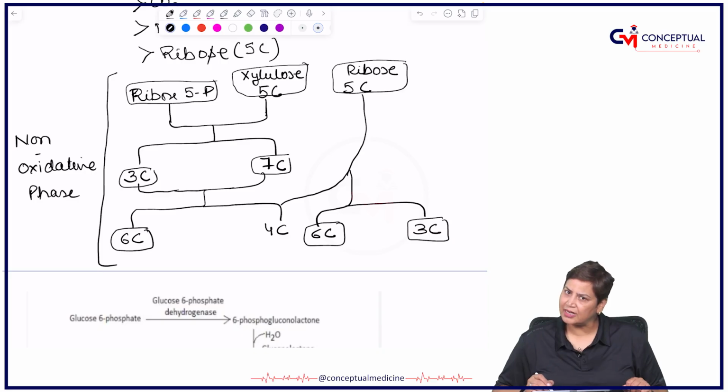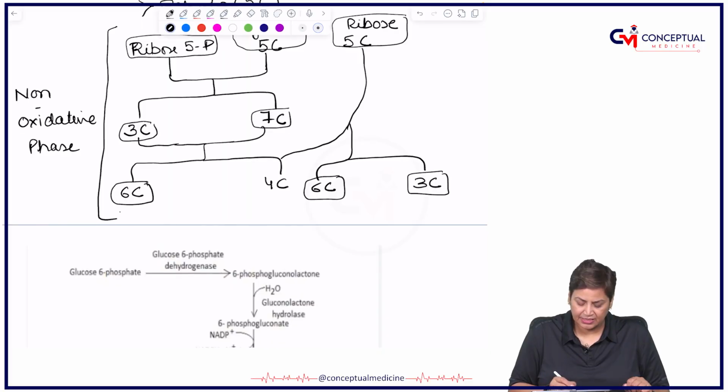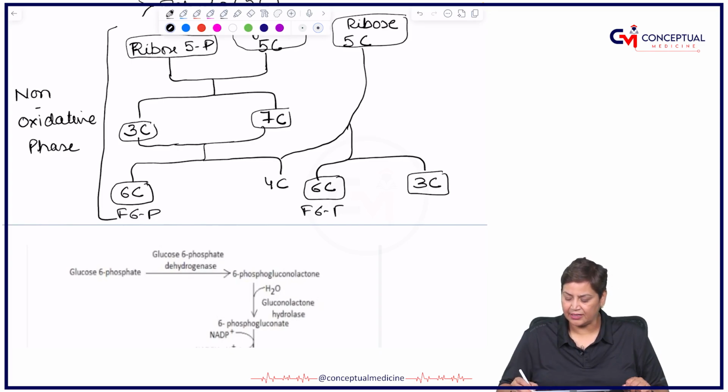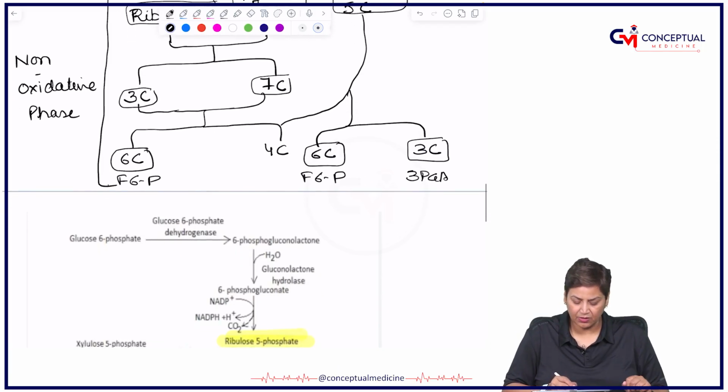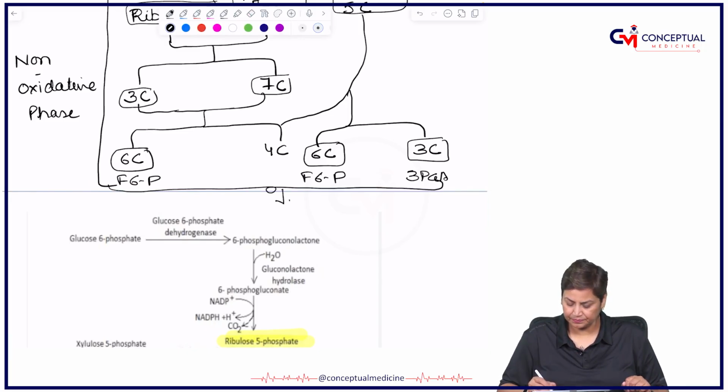Why have I not circled the 4-carbon atom? Because the 4-carbon atom will combine with a 5-carbon atom to form a 6-carbon species and a 3-carbon species. So I can say 6 is fructose 6-phosphate, fructose 6-phosphate, and this is 3-phosphoglyceraldehyde, right? And we all know that this entire thing will merge into glycolysis, right?